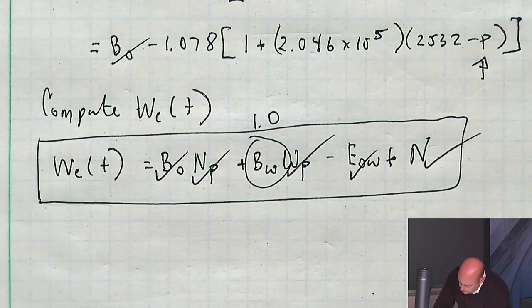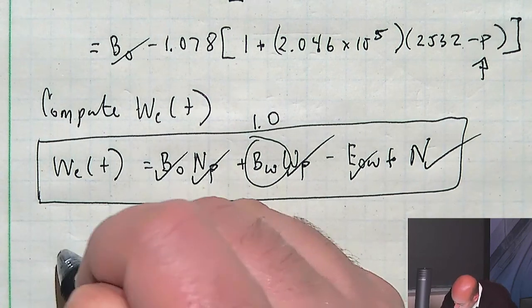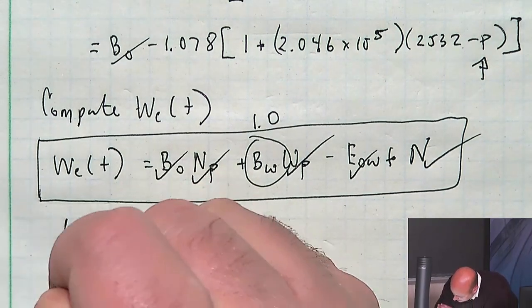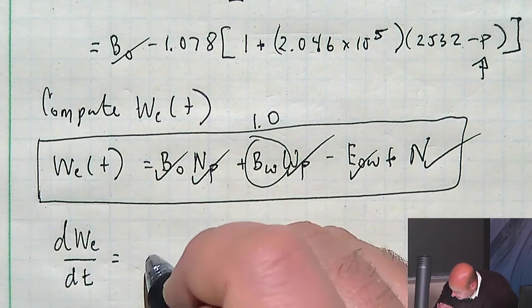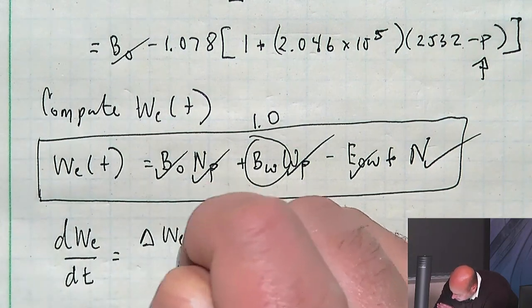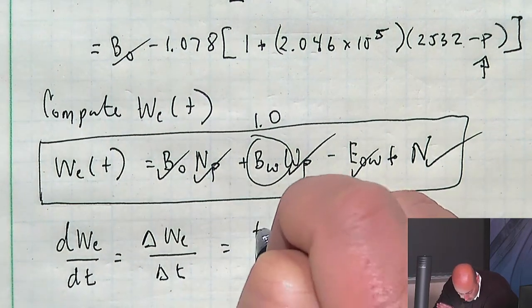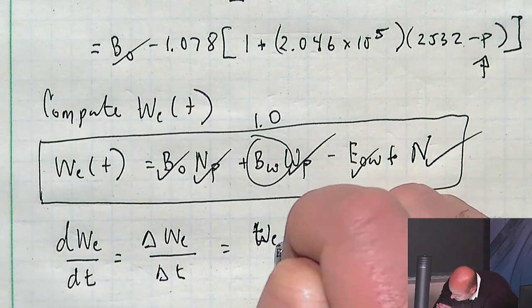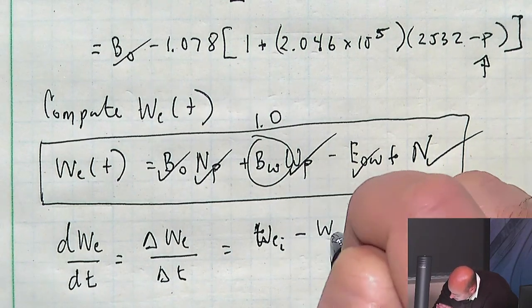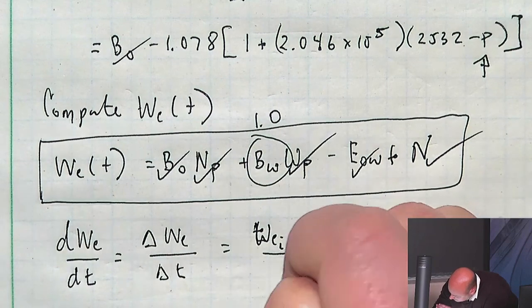And if we want to get dWE/dt, it's going to be equal to delta WE over delta T, or WE at the current time minus the WE at the last time.